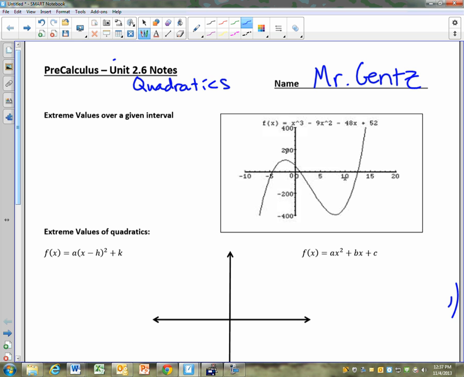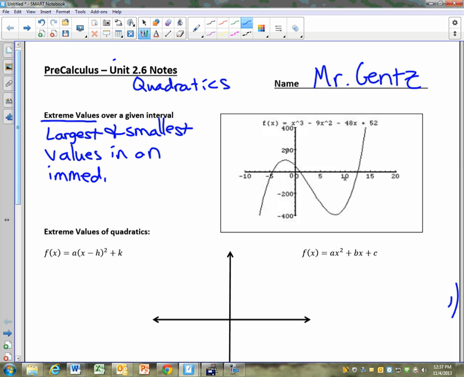Well, the very interesting thing about quadratics and polynomials that raise in degree are the extreme values. And extreme values are the largest and smallest values in an immediate region.